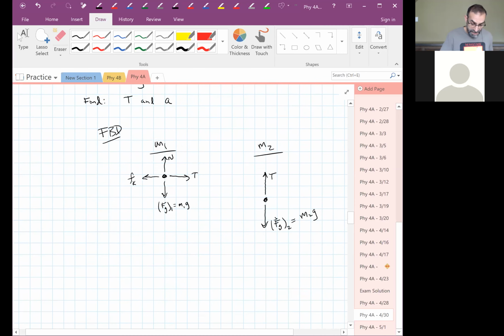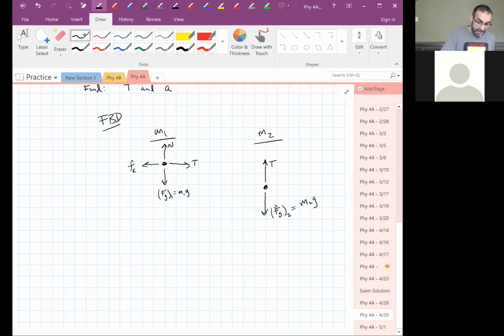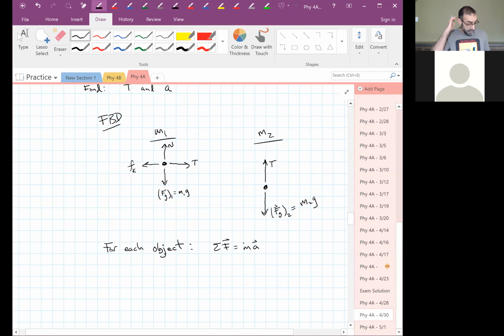Now what we're going to do is say sum of the forces equals ma for each object. All right. So M1, M2.